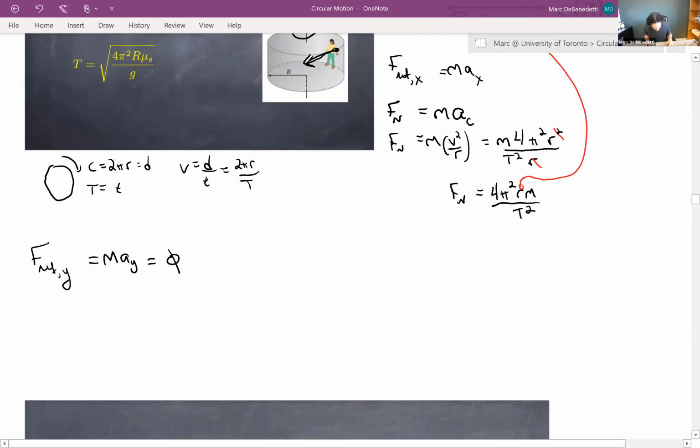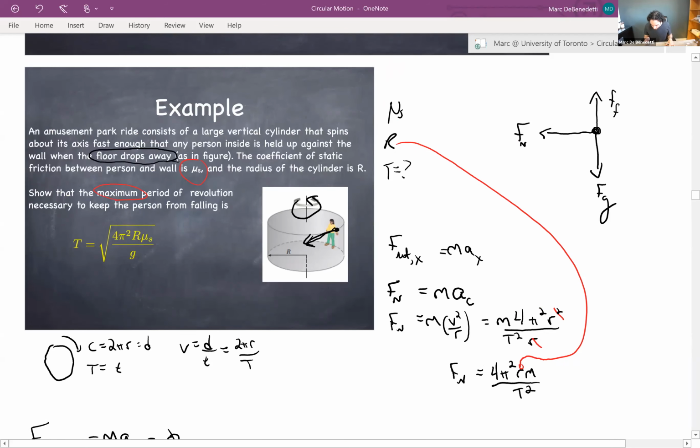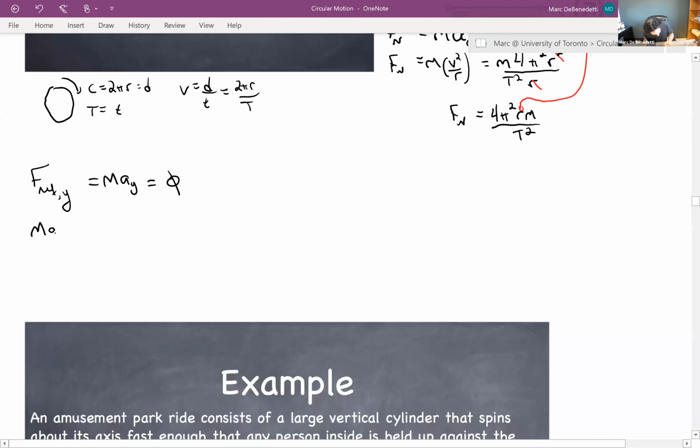Looking at my free body diagram, what kind of forces do I have in the Y direction? Force of friction upwards and gravity downwards, okay? So mu Fn upwards and mg downwards, and this equals 0. It's mu static. I should really be more careful in my notation.